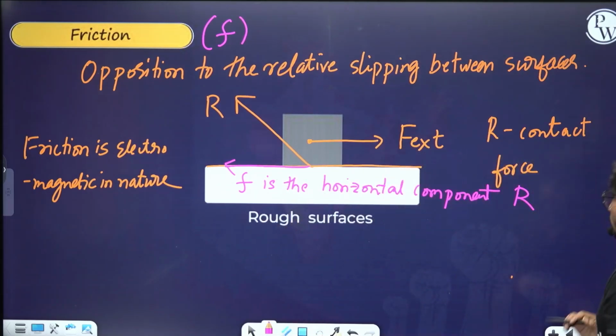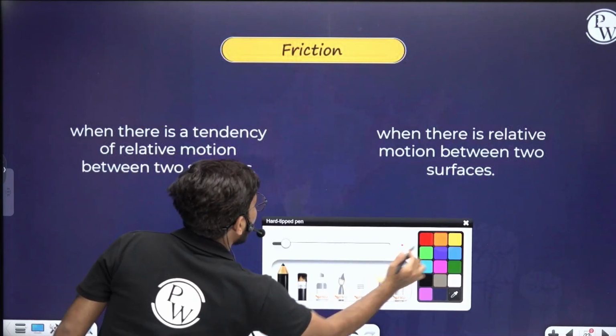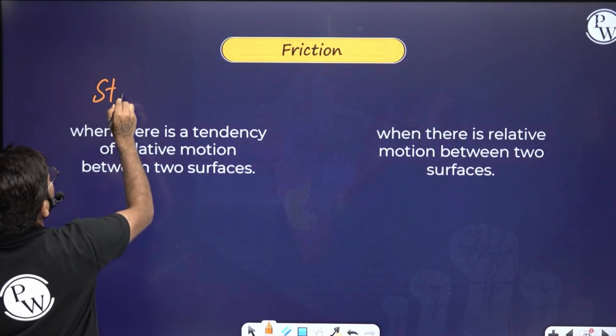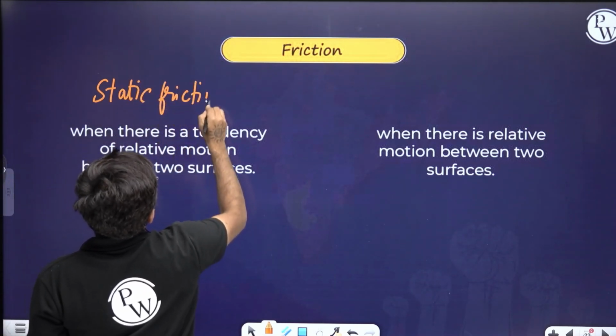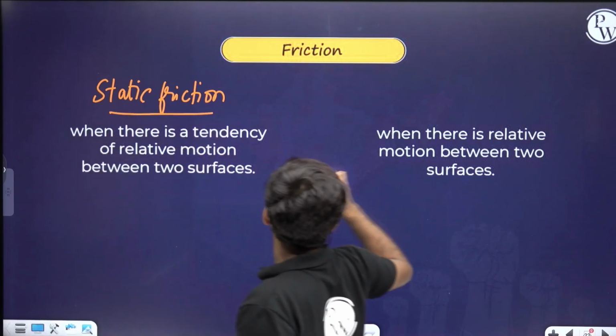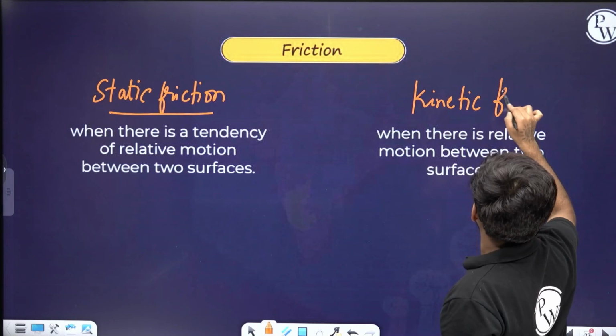One is static friction, another one we call kinetic friction.